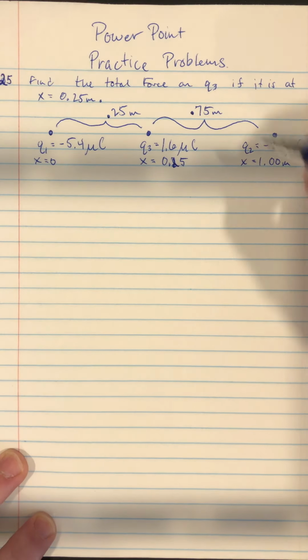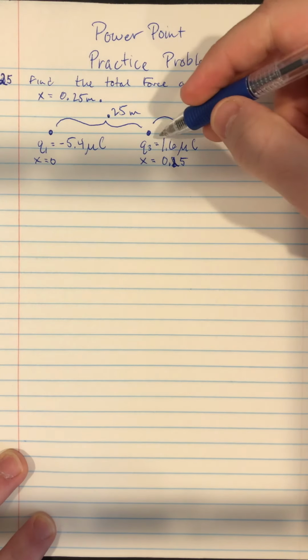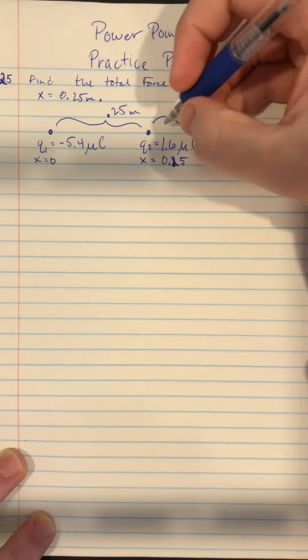First thing we want to do is realize that there's two forces. They're both attractive. So I'll draw a free body diagram so you guys can see what's going on. This is Q3.